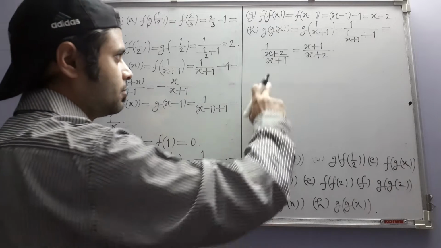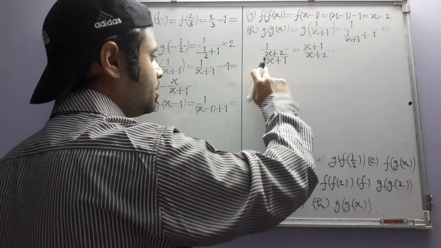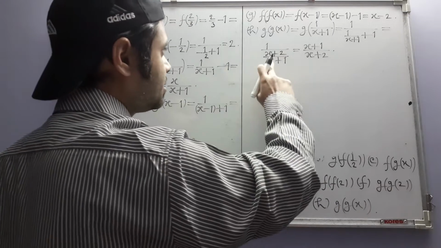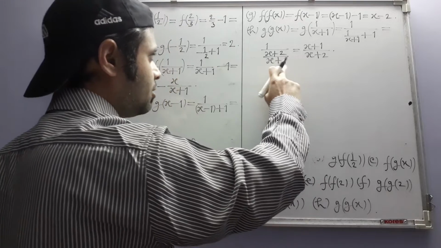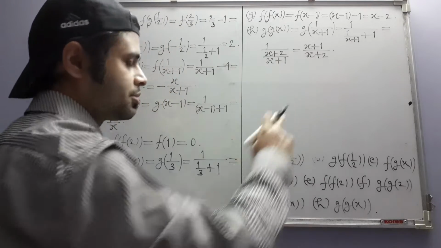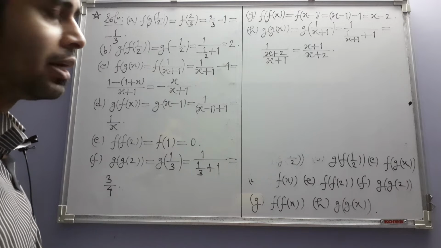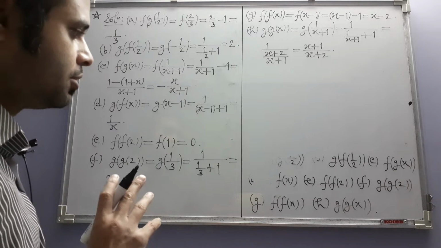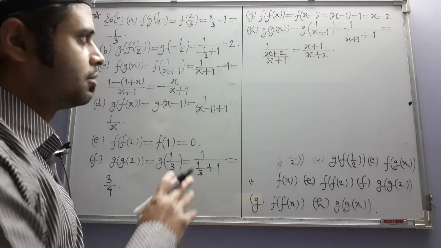So don't think how one can have x plus 1 in the denominator, or for example here x plus 2 in the denominator, when one does not know what x actually is. You just take the point of view that these are some given formulas.